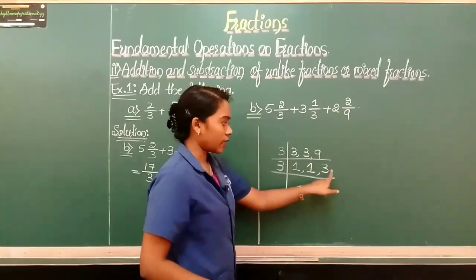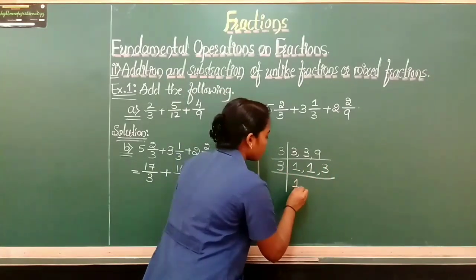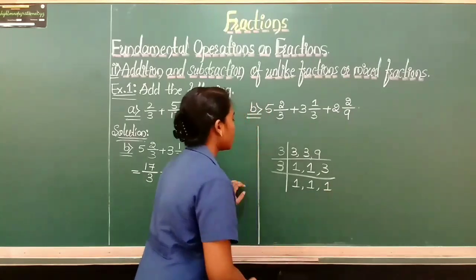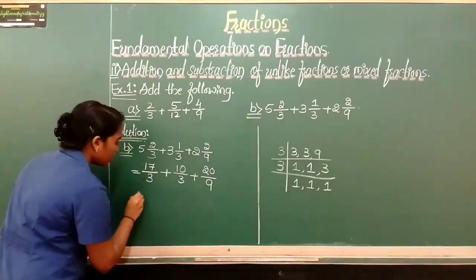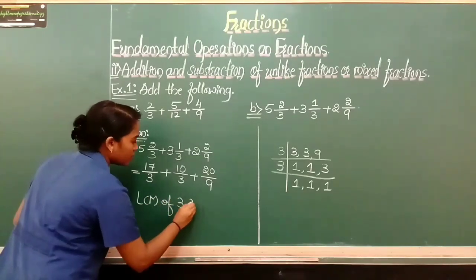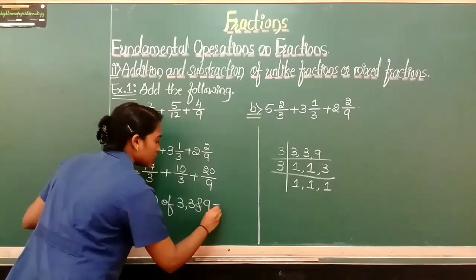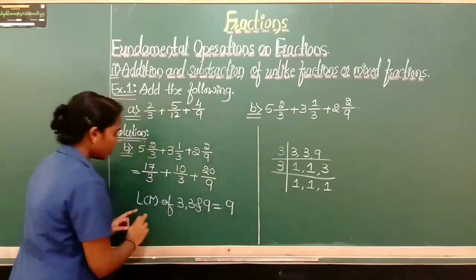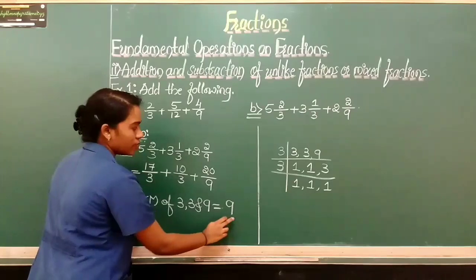Again take 3 and divide it. 1, 1 as it is. 3 ones are 3. Therefore, the LCM of 3, 3 and 9 is equal to 3 into 3, 9. Therefore, the LCM is 9.